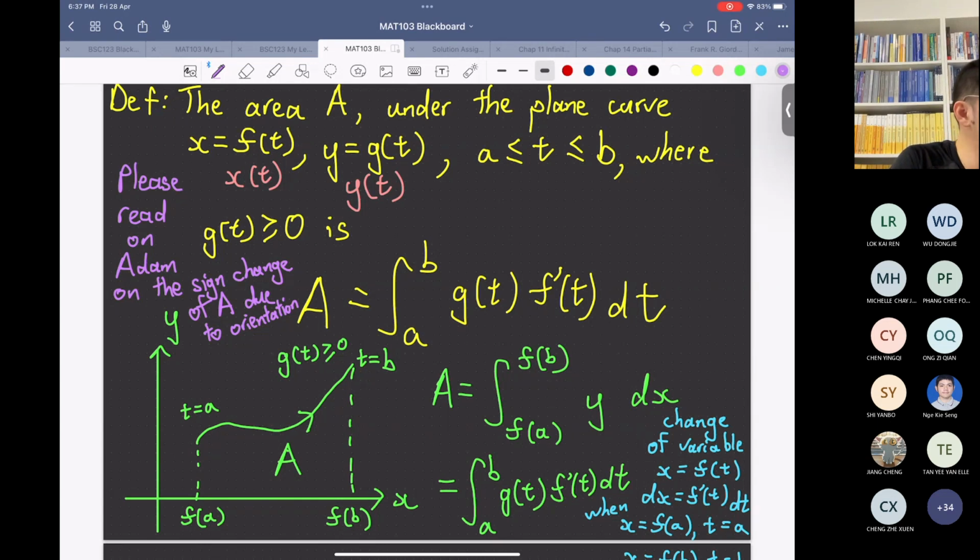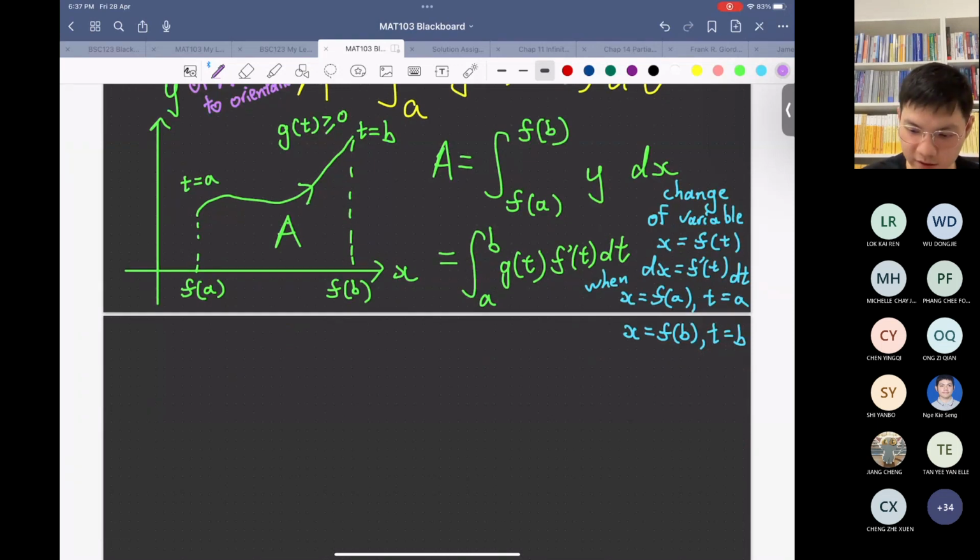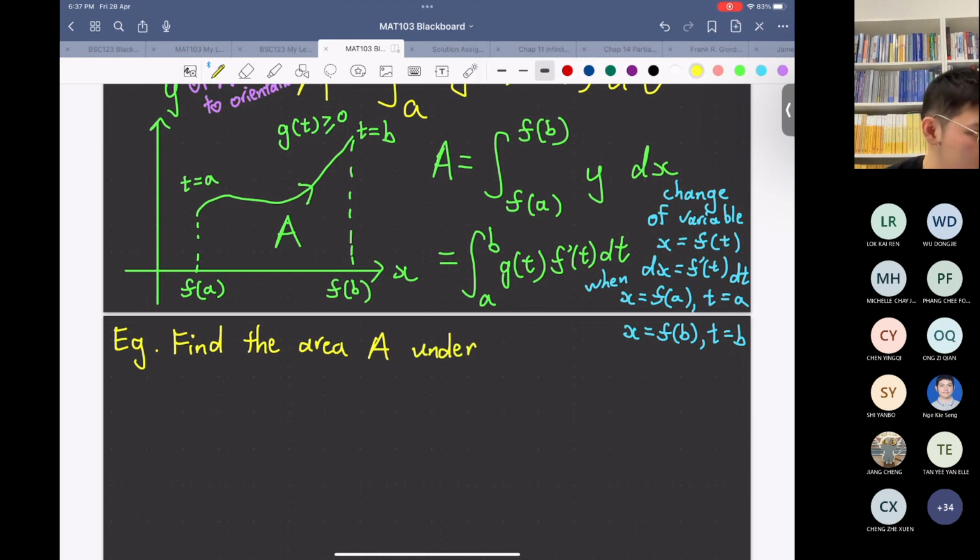Okay, should we do one exercise on this? So let's try an example. Find the area A under one arch of the cycloid.